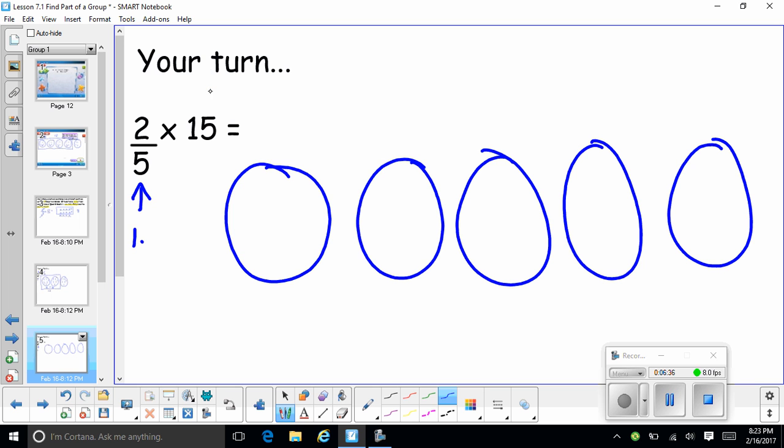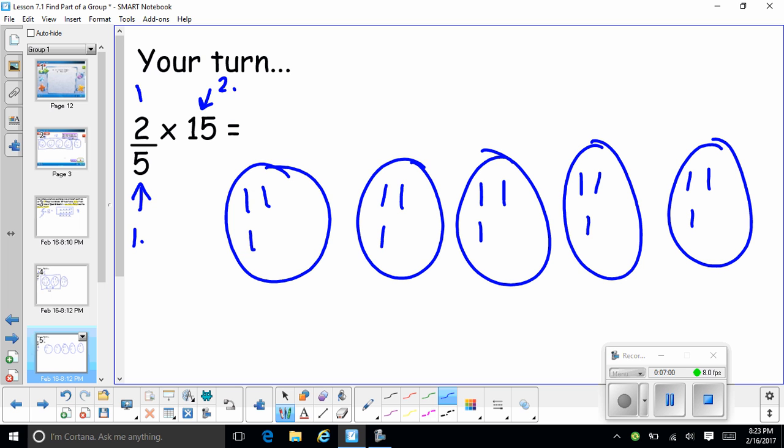Step 2 is looking at our total. There's 15, so I need to divide that equally among the 5 groups. 1, 2, 3, 4, 5, 6, 7, 8, 9, 10, 11, 12, 13, 14, 15.